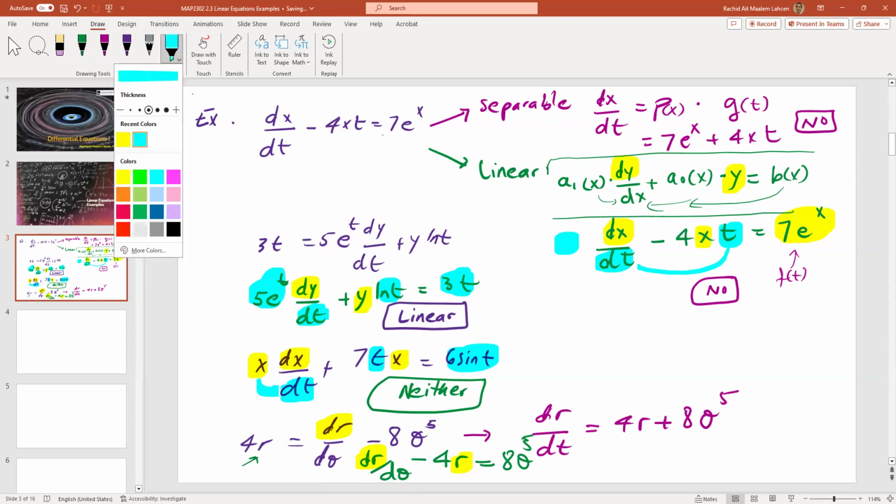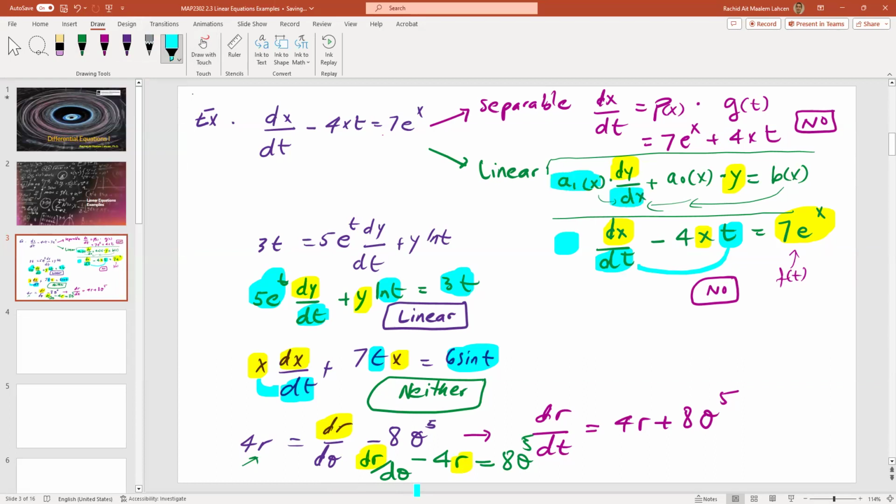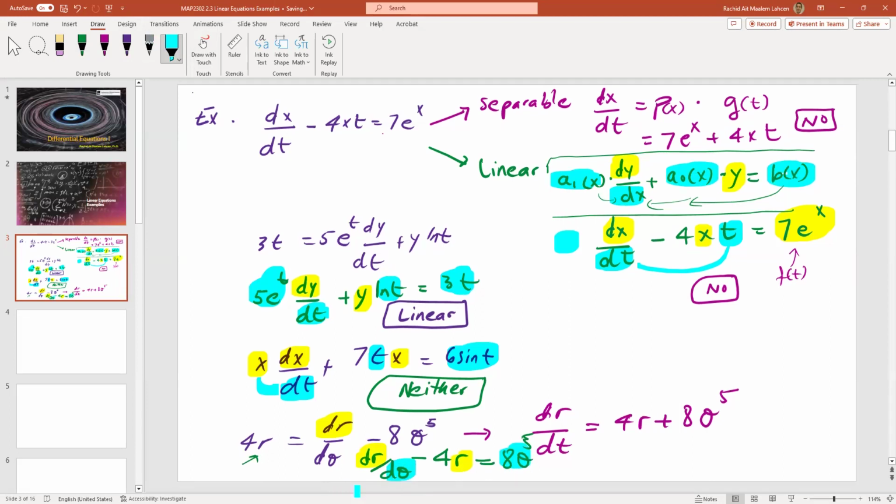All right, so I have a function of theta times d theta, function of theta, function of theta. So yeah, it's linear.